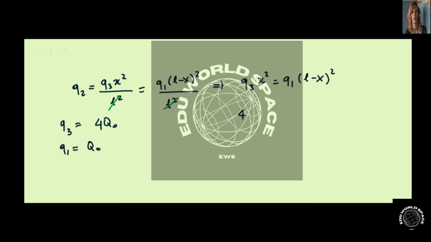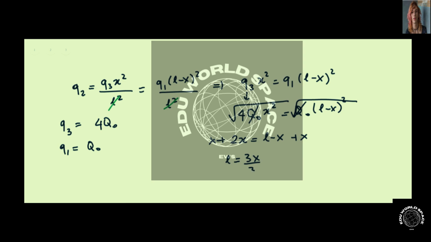So 4 Q naught times x squared equals Q naught times L minus x squared. As you can see, these Q naughts are going to cancel each other out. So if we take the square root of both sides, then we have 2x equals L minus x. Then if we add x to both sides, we have L equals 3x. Divide both sides by 3, then x equals L over 3.